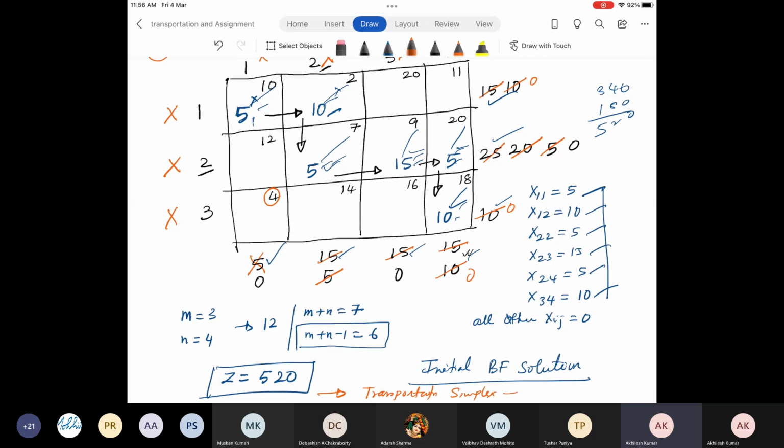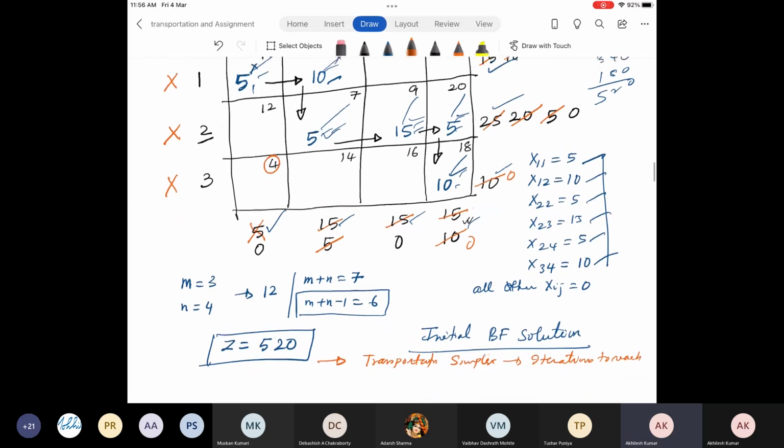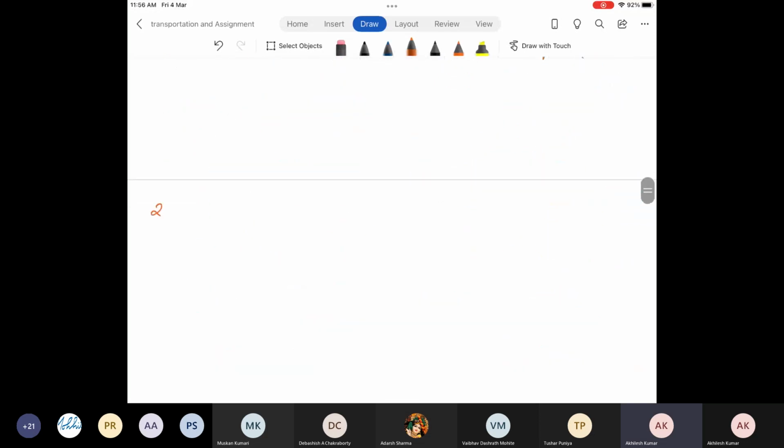It will take more iterations to reach the optimal solution, because you are starting with an inferior solution. So the next method tries to take care of that. That is your least cost method.